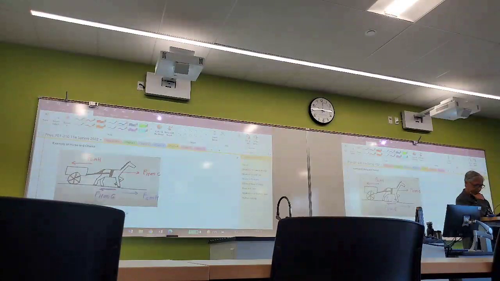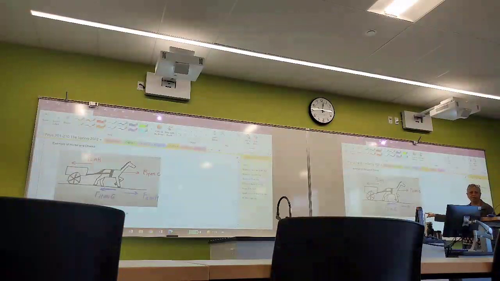Is this right? What are the forces? Is the blue force equal to the red force? Are the two red forces the same? Yeah? Are the two blue forces the same? Do you see a reversal of the names here?